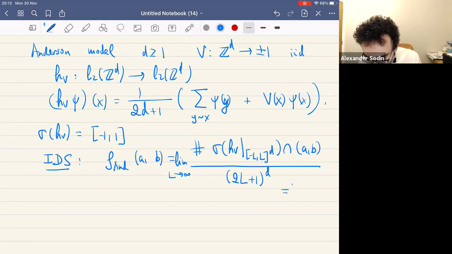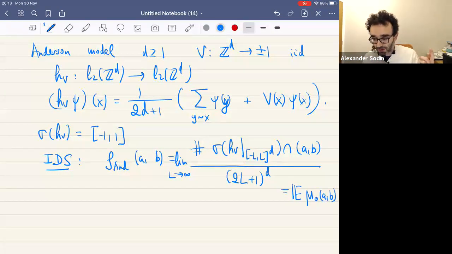It's also known to be equal to the expectation of the spectral measure associated with the vector delta function at 0. You have a random spectral measure, but if you average it over the realization, you get the same deterministic quantity. So this is an almost sure limit. I get the same deterministic measure, rho.